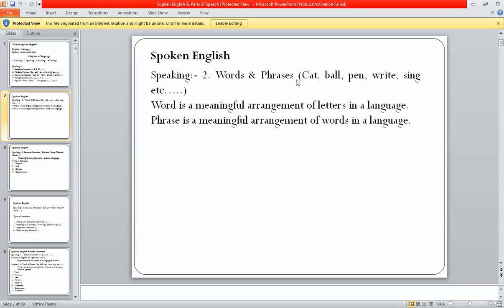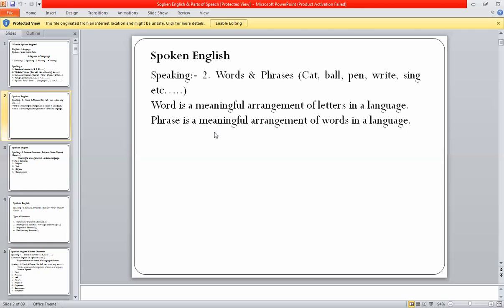If we take ACT, that doesn't form cat. If we take TAC, that is also not a meaningful word. So CAT cat, BALL ball, PEN pen, these are meaningful arrangements.